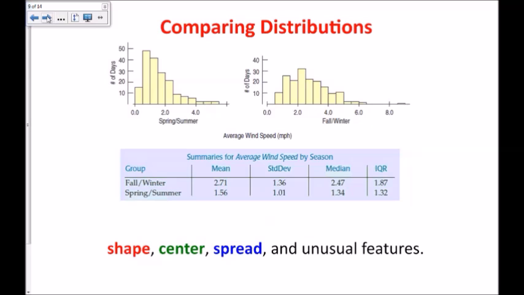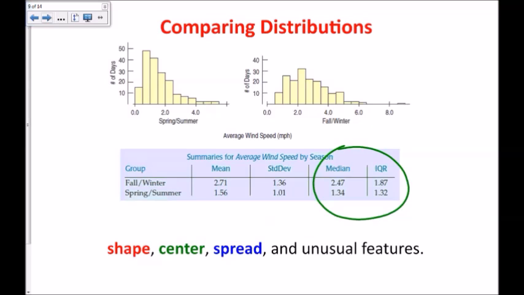First, the shape. I would say that the spring-summer distribution is more skewed to the right. And the fall-winter looks a little more symmetric, although it is slightly skewed to the right. The center, we can find looking at either the median or the IQR, and the fall-winter distribution has a higher center than the spring-summer distribution.